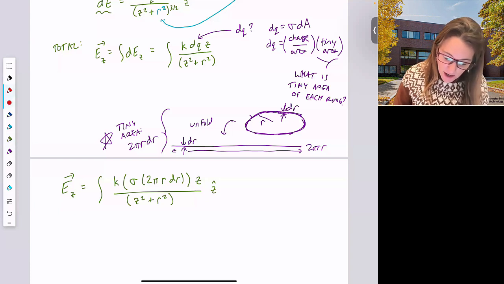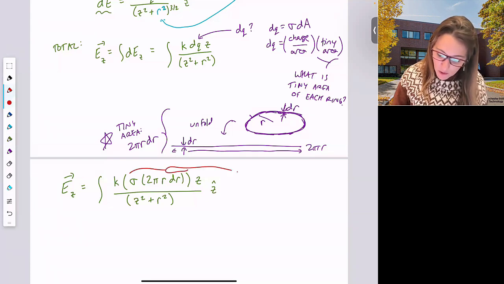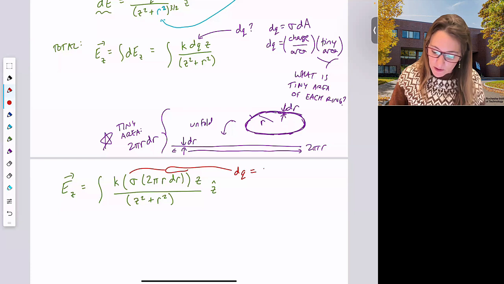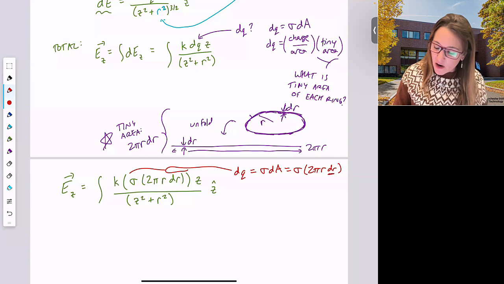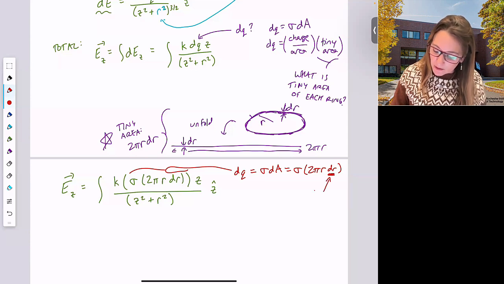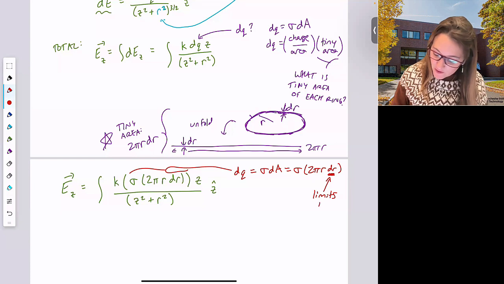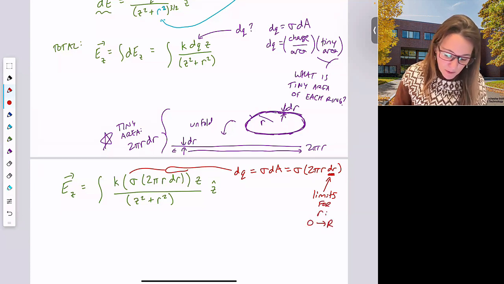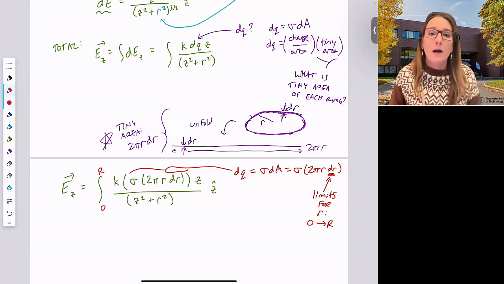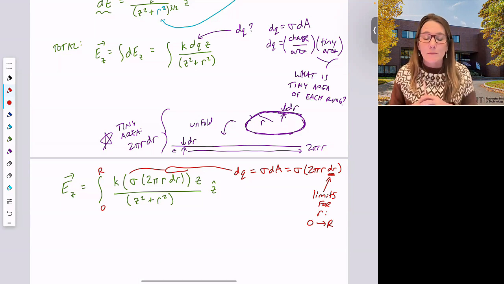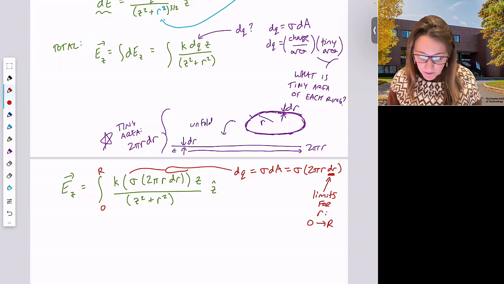Because all of this was my dq, which was sigma dA, which was sigma times 2 pi r dr, I now have a dr, and so my limits for r are going to go from 0 to capital R, because I want to add up all my rings in the plane.